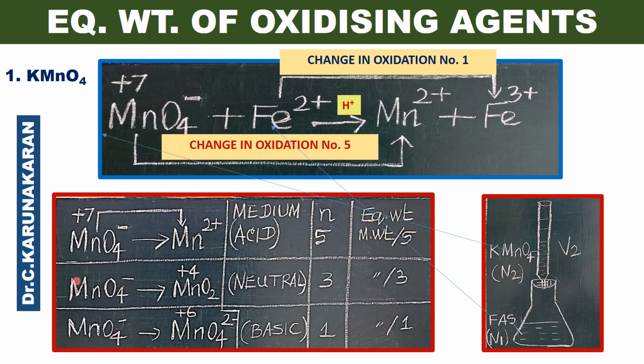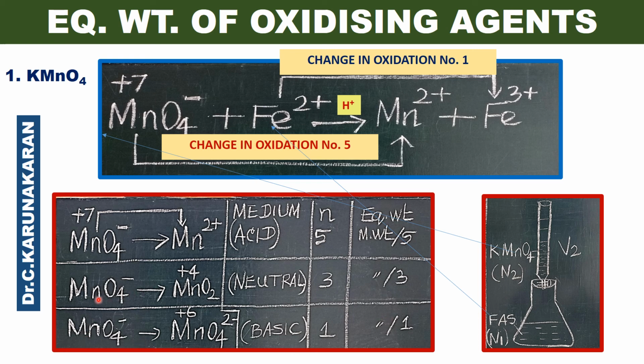Therefore the change in oxidation number is plus 7 to plus 4, that is 7 minus 4, which is 3. So equivalent weight is molecular weight divided by 3. Therefore, potassium permanganate has different equivalent weights depending upon the reaction condition, reaction medium and reaction.